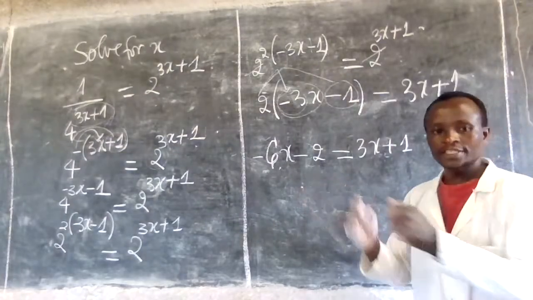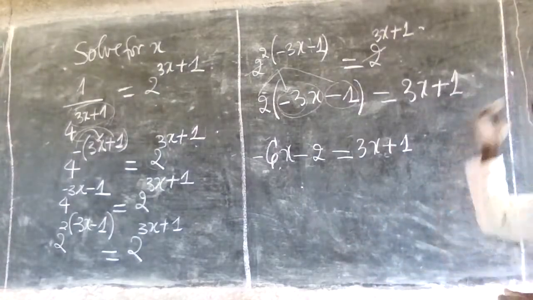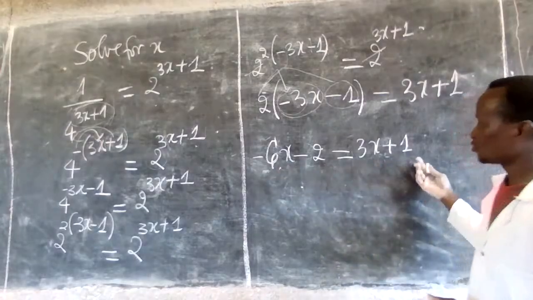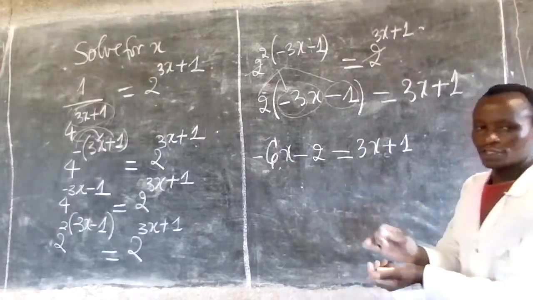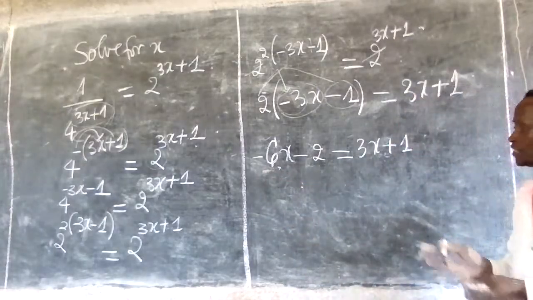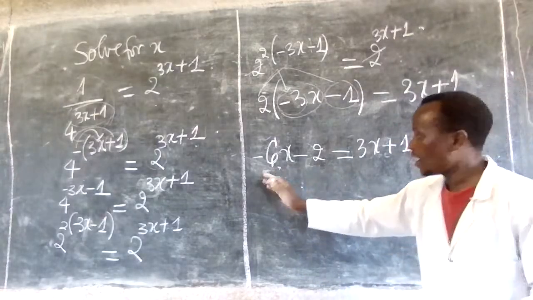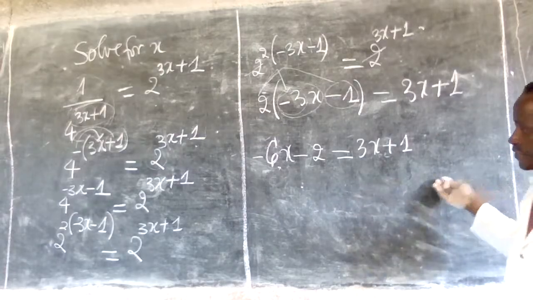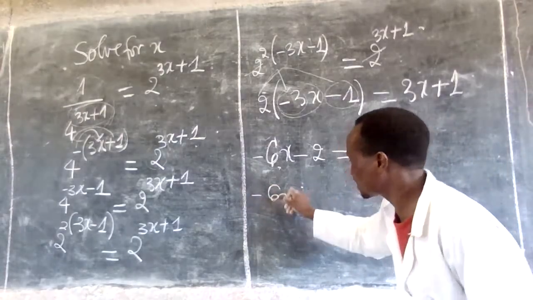We are going to collect similar terms together. How should we collect them? We are going to take those terms which have the unknown to the first member, and the numbers which have no unknown to the second member. We have minus 6x.